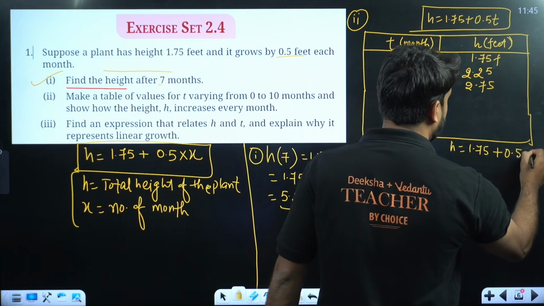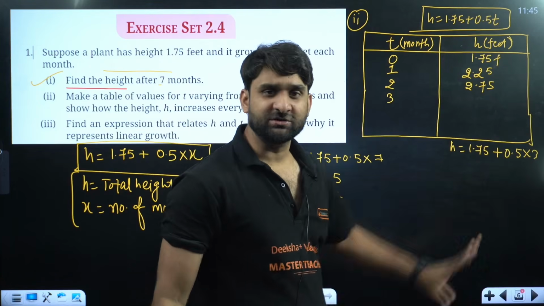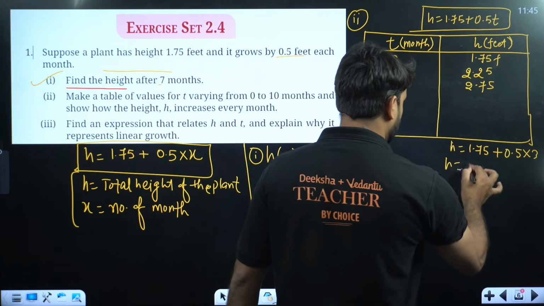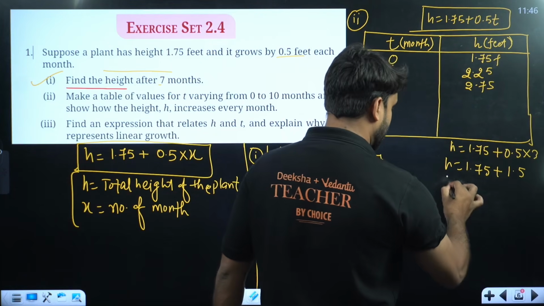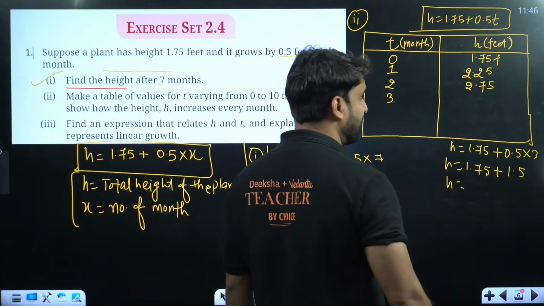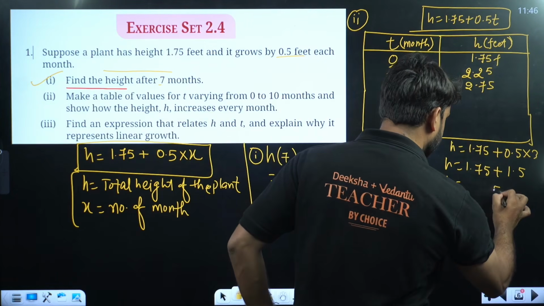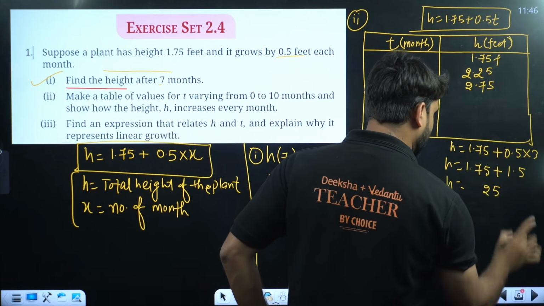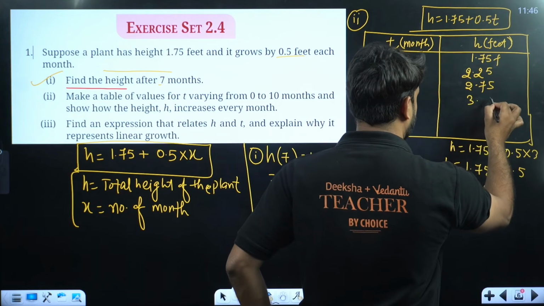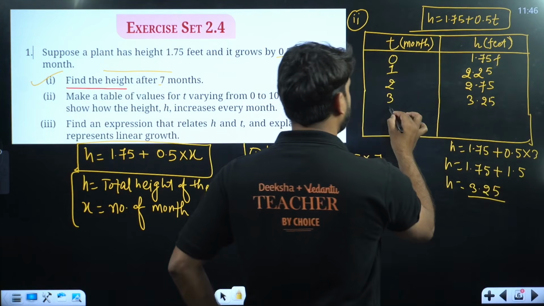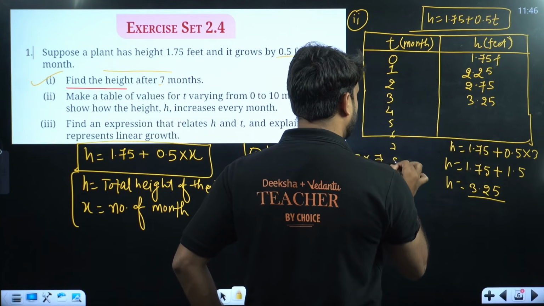I'm showing the calculation here also, champion, for your comfort. Adding 1.5 to 1.75, the result is 3.25. And for 4 similarly we can write, and similarly for 5, 6, 7, 8, 9, 10.